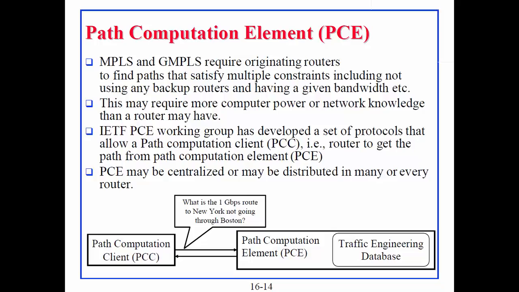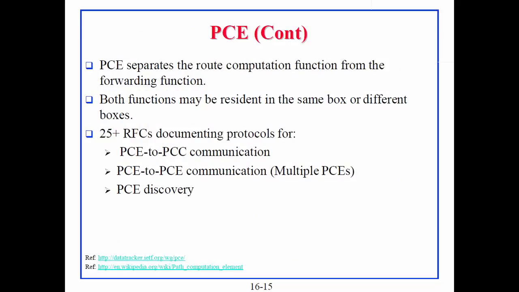So what happens is it talks to the server, the path computation element, and the server gathers data in a traffic engineering database and is able to provide that information back to the client.